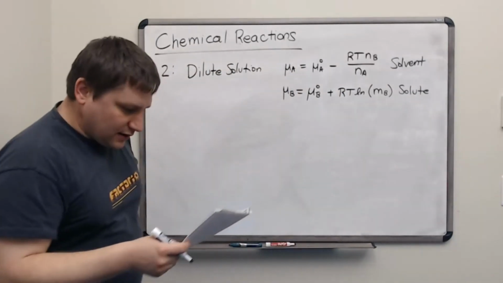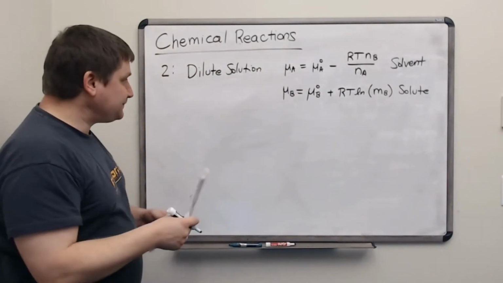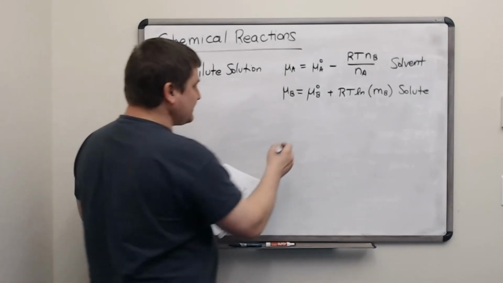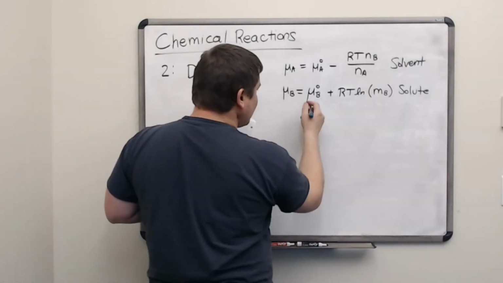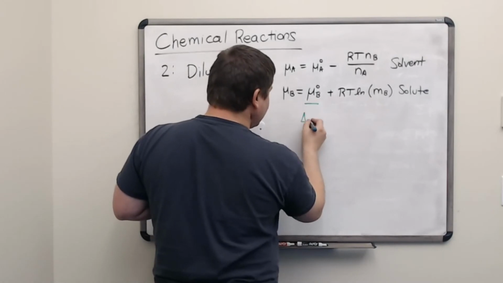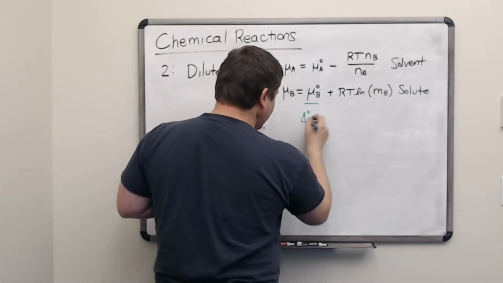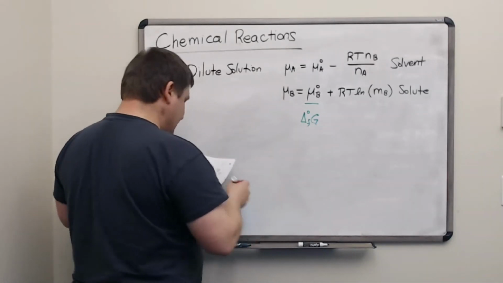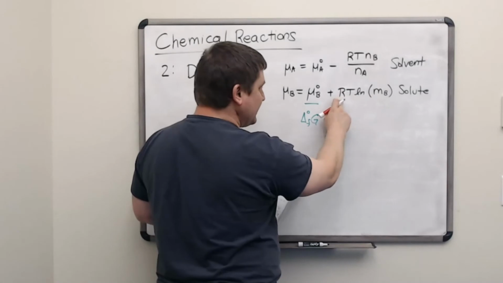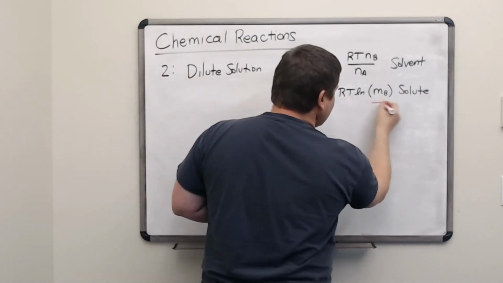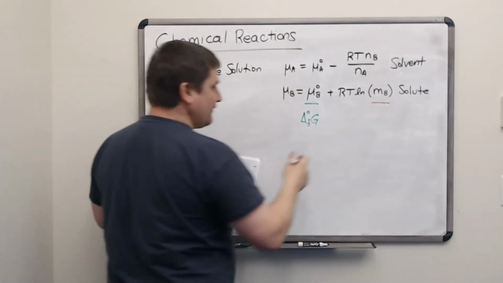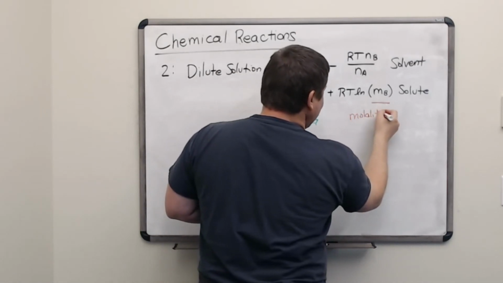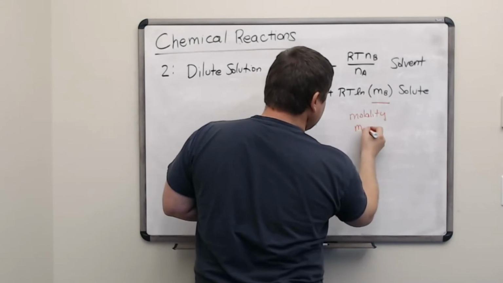So the chemical potential of a solute in a dilute solution also has this reference chemical potential here. This is the Gibbs free energy of formation for that chemical compound. It depends on the temperature, the ideal gas constant, and the logarithm here is of a quantity called the molality, MB.